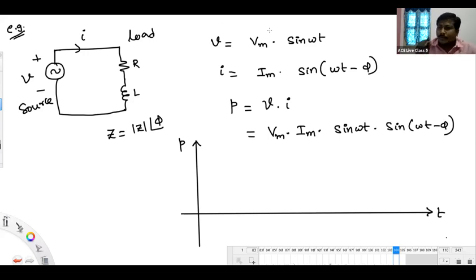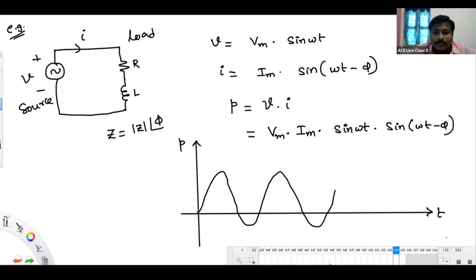If you plot instantaneous power versus time, you will definitely get a sinusoidal variation, something like this. Just observe it once, please. Like this, you will get that variation.